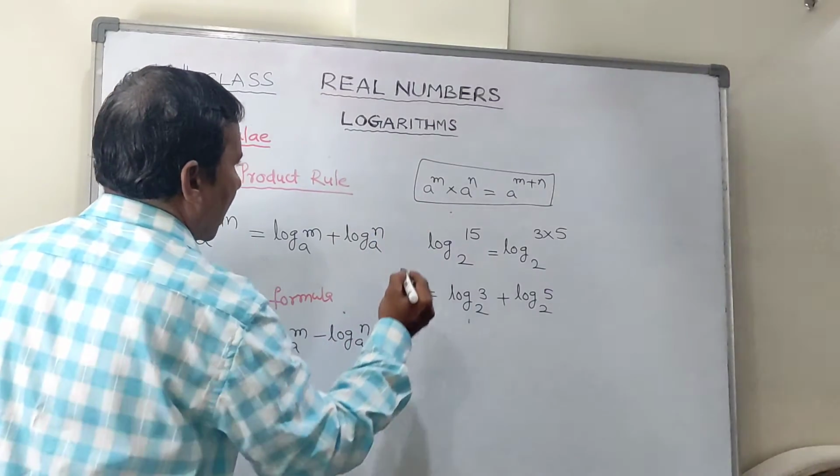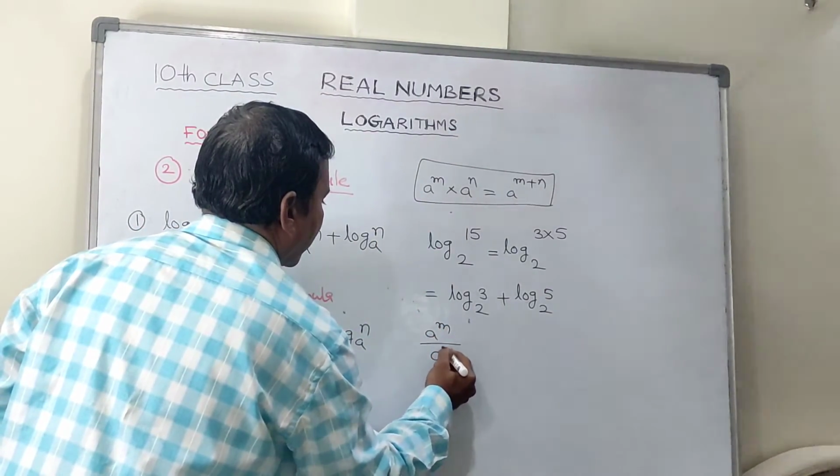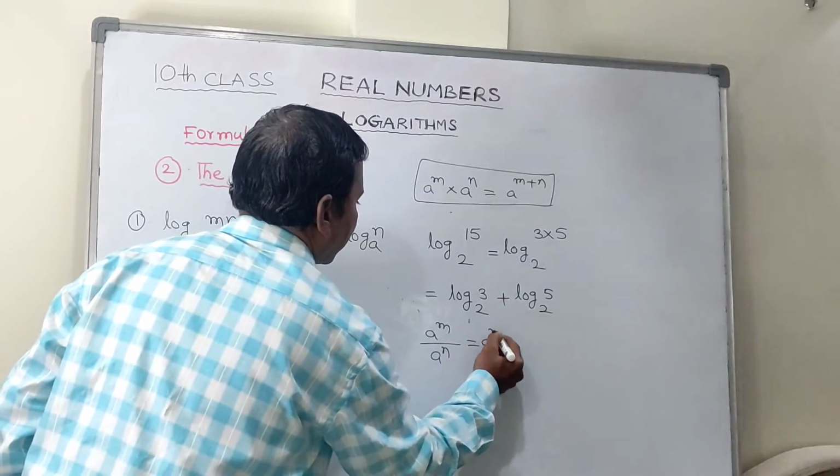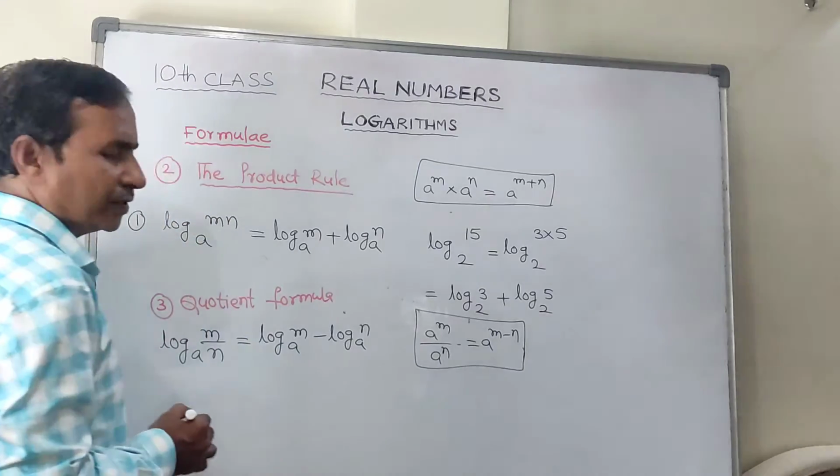This is as per the formula a power m by a power n is equal to a power of m minus n. In the exponents we have this formula.